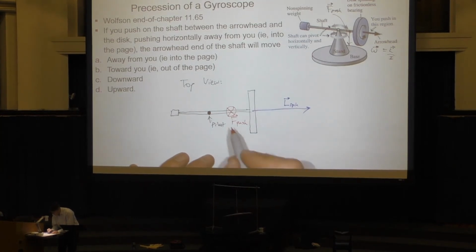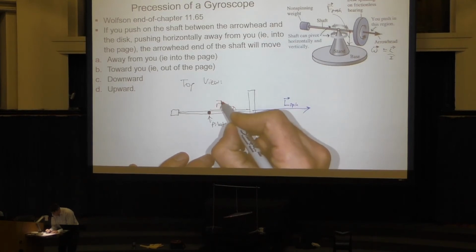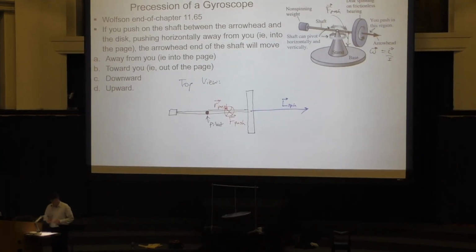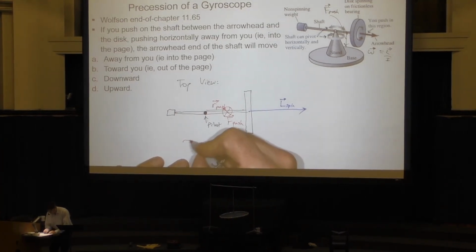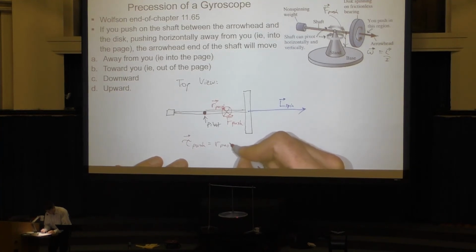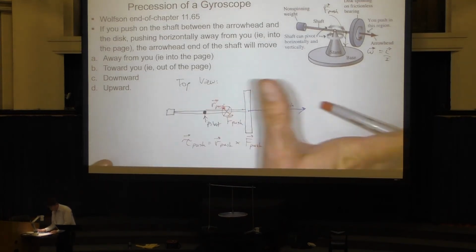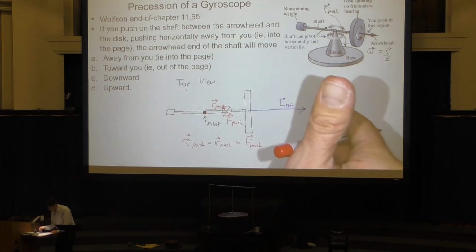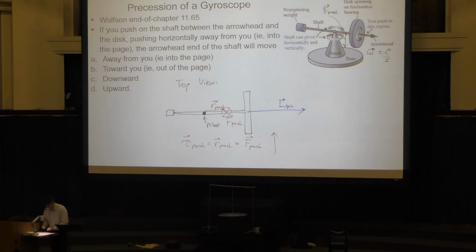And it's going to have an R vector like this, R push, from the pivot. So the torque from this, torque push, is equal to R push cross F push. So R cross down is going to be up. Okay, that direction on this diagram.